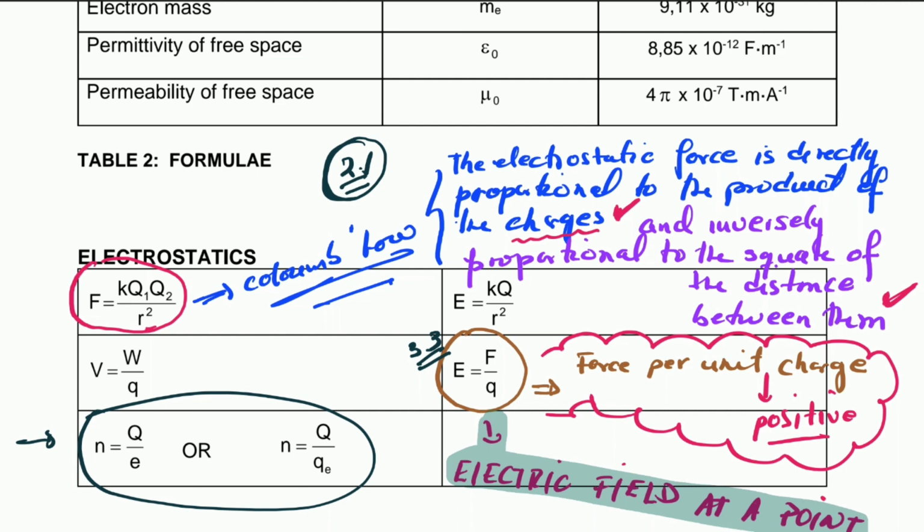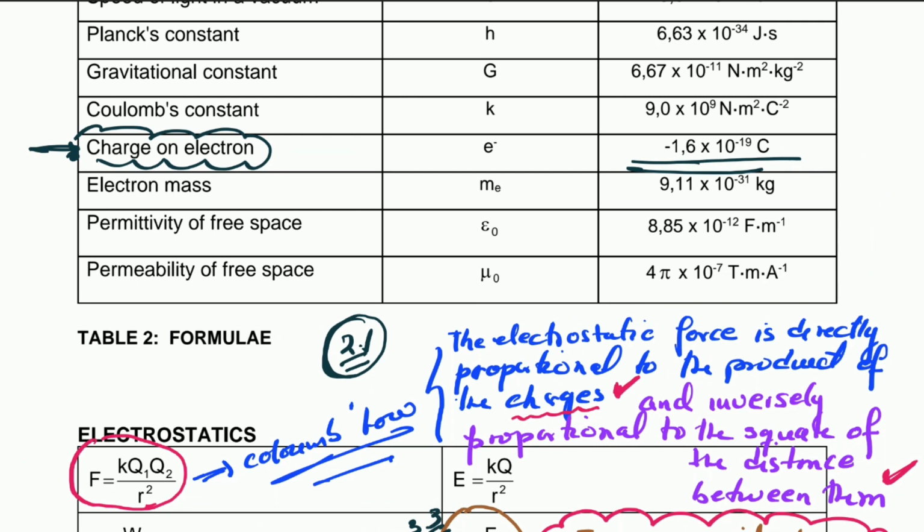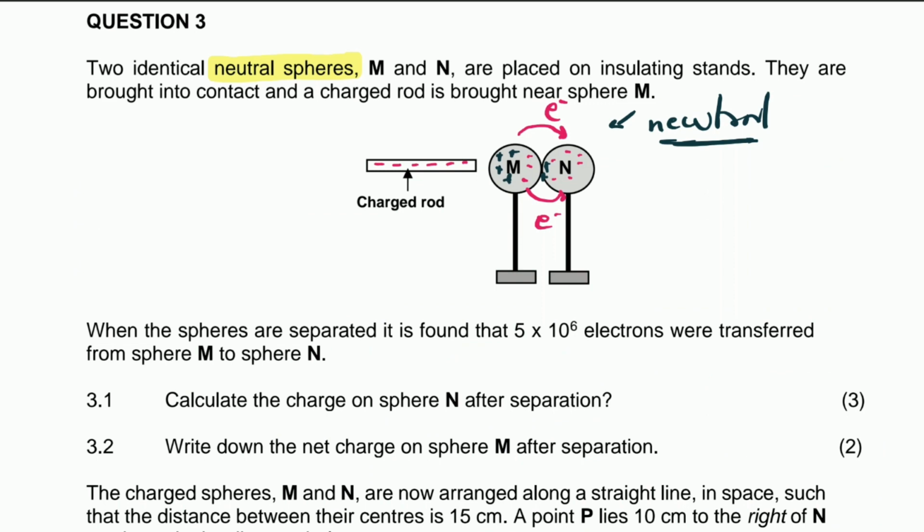You can, but you don't have to, because you will have all the information. And remember, in this table you also get the charge of the electron, which is obviously important in this topic. So transferring that formula here, number of electrons is equal to the charge divided by the charge of one electron. I'm going to write QE, but in the data it is just e, and that is also correct.